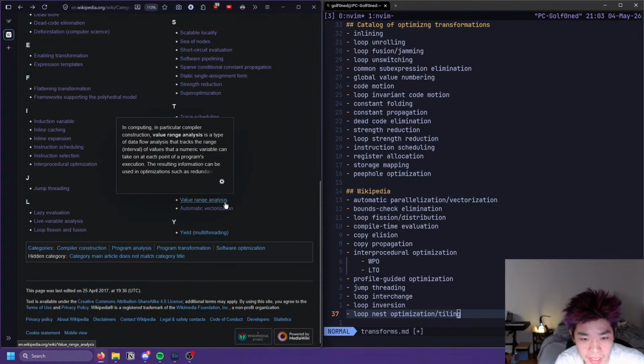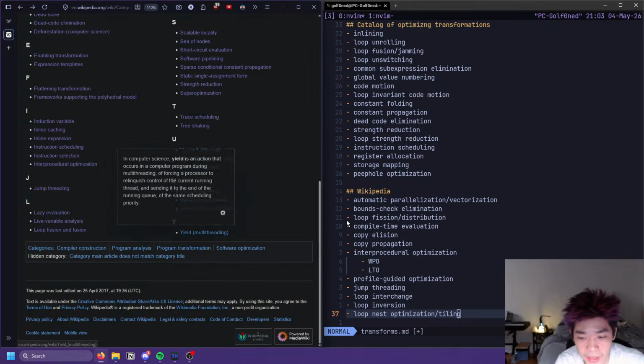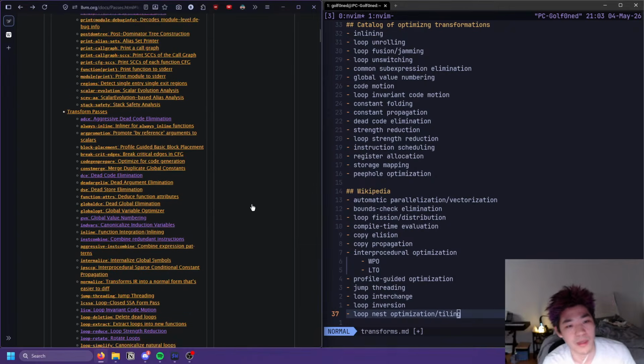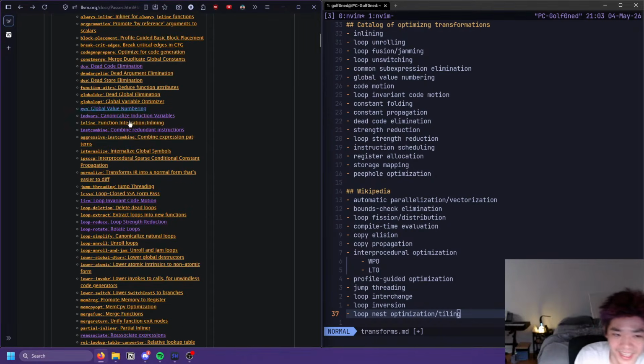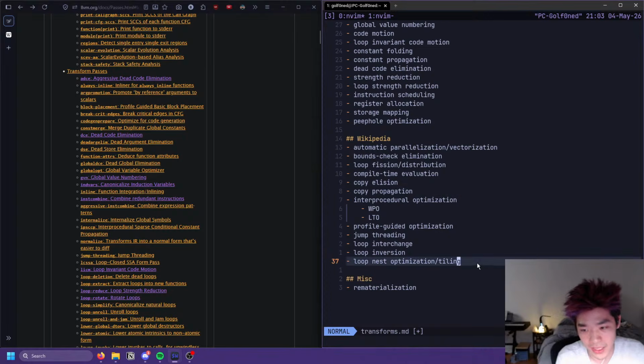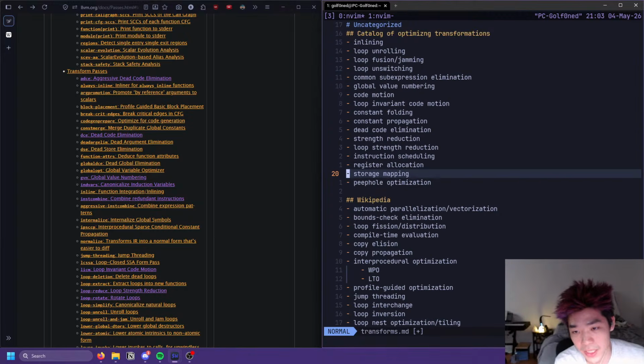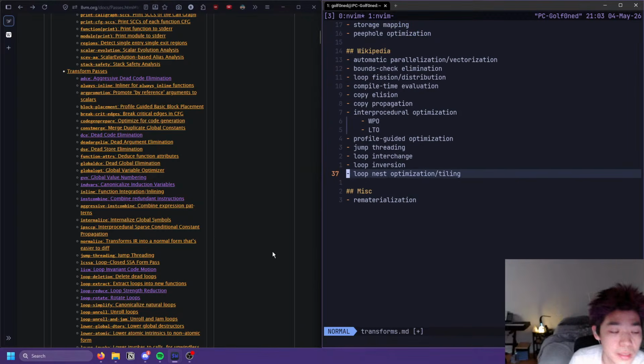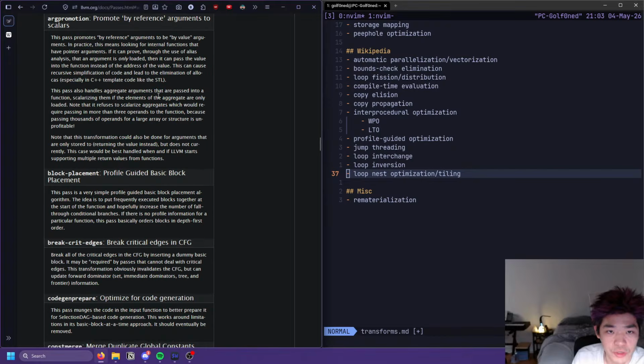Value range analysis. Okay, I think we've exhausted Wikipedia. So if there's anything interesting in LLVM that we've missed, I think it will be good. We need to add SSA. Instruction. Actually, nah. I don't think we need to add that, at least. Okay, arg promotion.